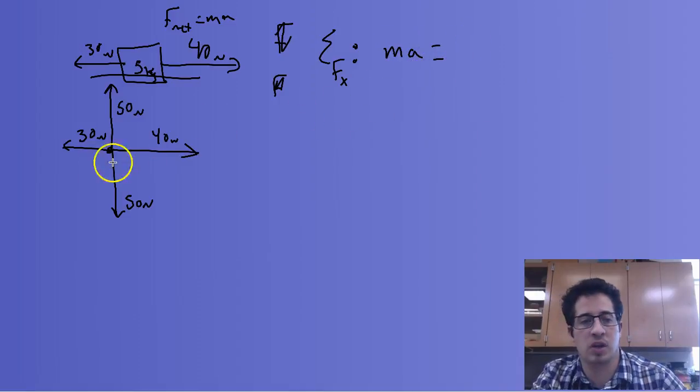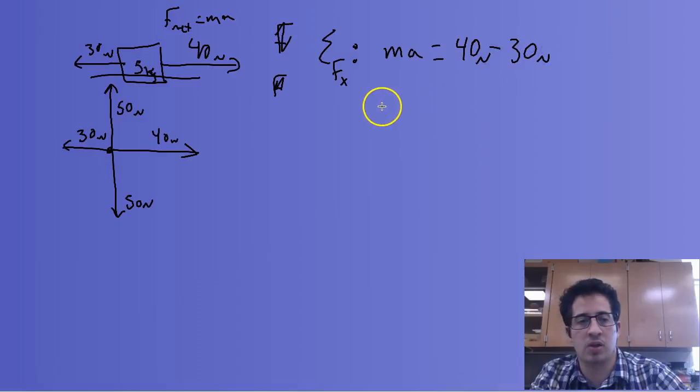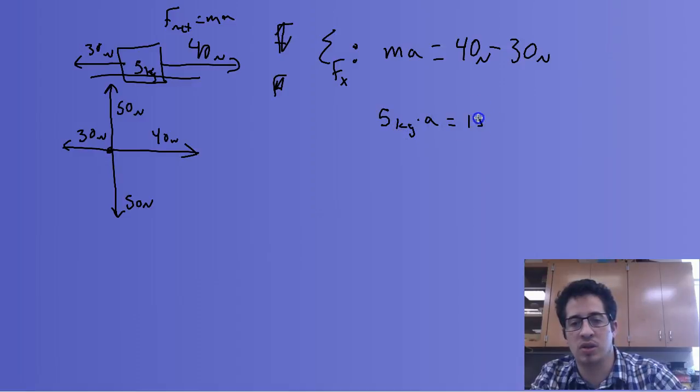Okay, and then we'll say, okay, we have this force of 40 pulling one way, and we have this force of 30 pulling the other way. Okay, so that gives us 5 kilograms times a is equal to 10 newtons.